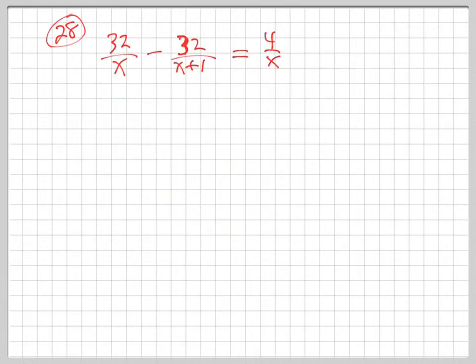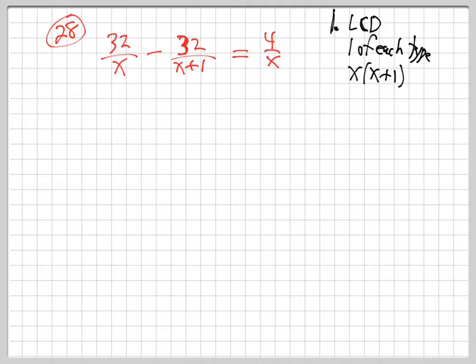So this is LCD stuff, huh? What do we do with LCDs, common denominators? First off, you find the LCD, which is one of each type, right? In this case, it's going to be x and x plus 1. You don't need both single x's. You just need one of the single x's and the x plus 1.